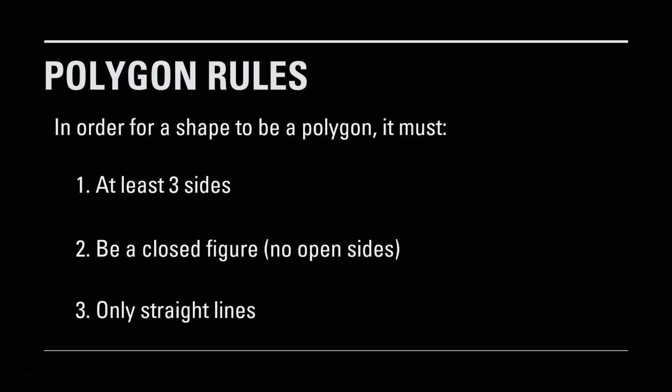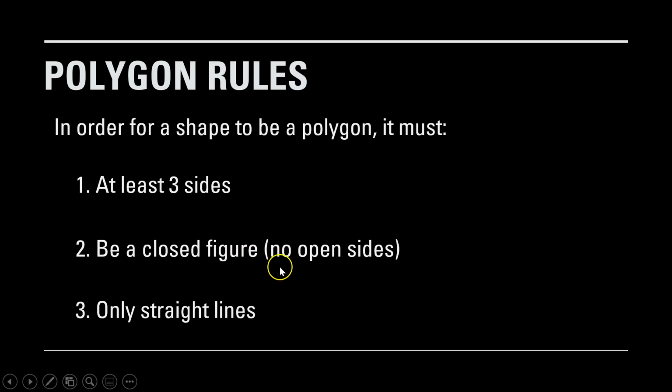In order for a shape to be a polygon, it has to follow some rules. The first rule is that a polygon has to have at least 3 sides. That means that it can't have any less than 3 sides. The second rule is that it has to be a closed figure.